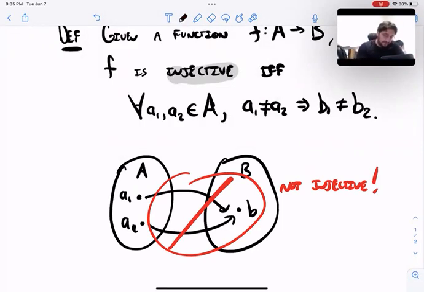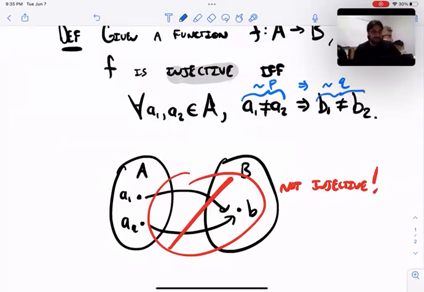Now, here's something to notice. Notice here, I have a little statement of the form not P implies not Q, right? I have a negation implies a negation. Well, there's a better way to write this. I don't have to leave this definition in this form.